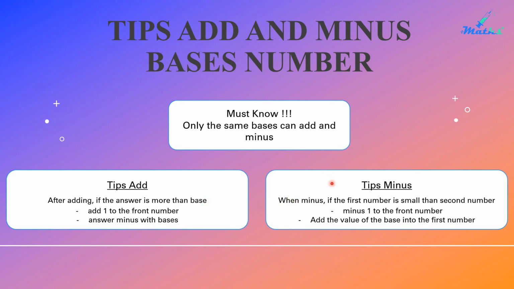And after that, the tip for minus: when you minus, if the first number is smaller than the second number, minus 1 from the front number and add the value of the base into the first number. Okay. After that, I will take some examples.